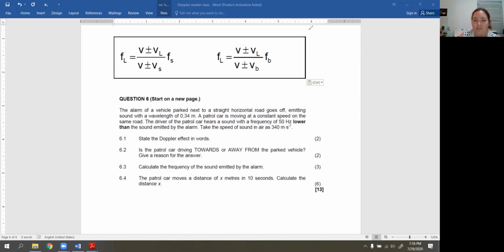Please note, I haven't given the equation V is equal to F lambda. I presume you remember it, but you need to know that if they ever give you wavelength, you've got to be able to work between the two.